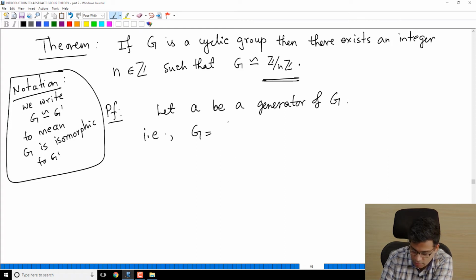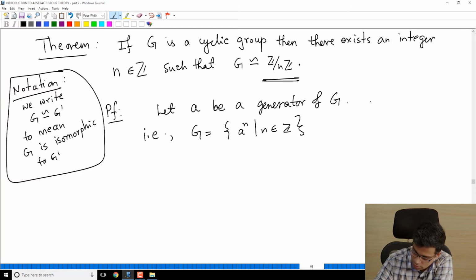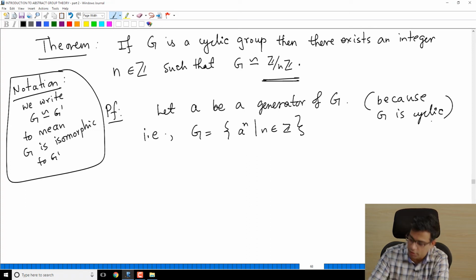So G is the set of powers of a; this is what it means, because such an element exists since G is cyclic. We are assuming that G is a cyclic group, so there is an element a such that its powers span or cover all of G. So the set a to the n, as n varies over integers, is equal to G.